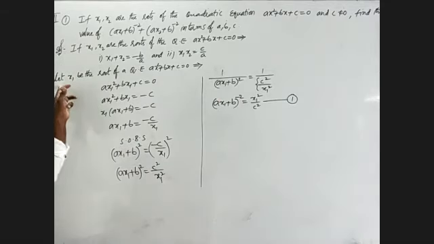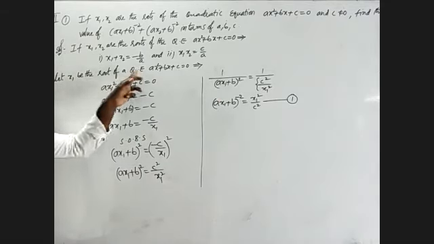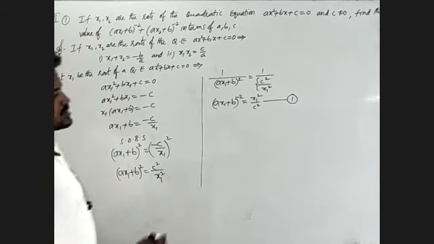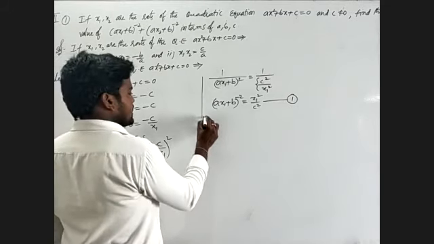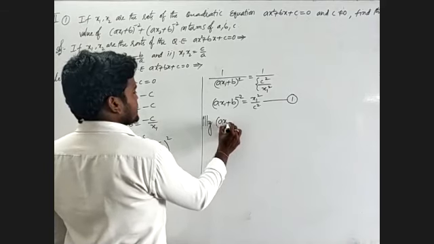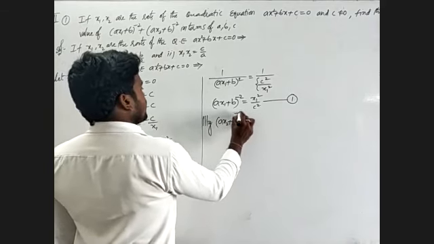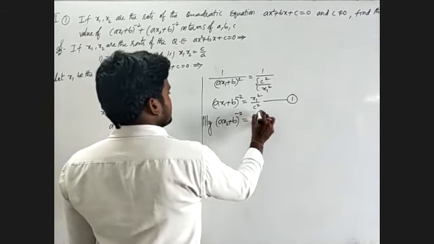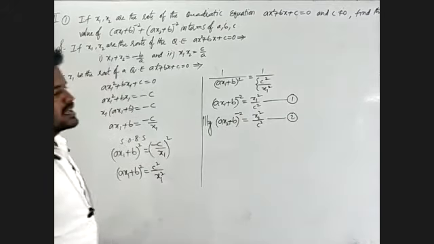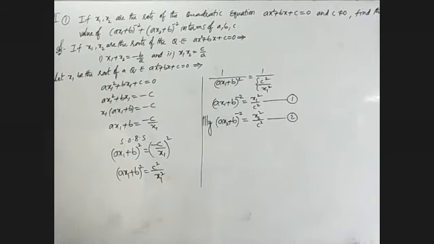Again, let x2 be the root of the quadratic equation ax² + bx + c = 0. Similarly, (ax2 + b)^(-2) = x2²/c². This is my equation number 2.